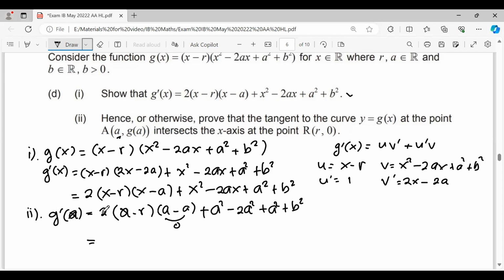So cancel this, and the derivative g'(a) equals b squared.